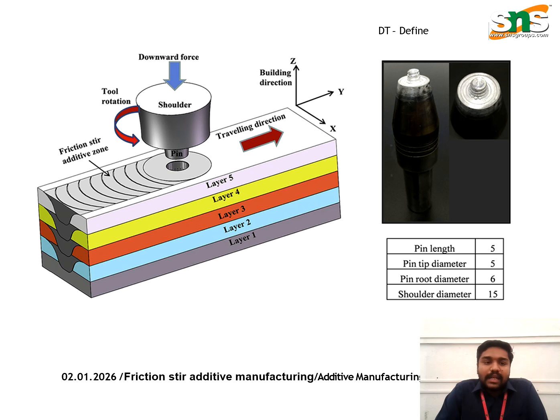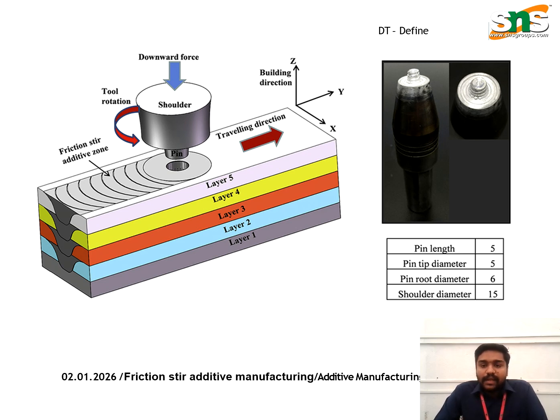So the friction will be generated layer by layer, in which the rotating tool will be traveling along the y direction, and the force will be applied towards the negative direction of the z axis. The third will be the z axis, based upon the layer, how much length and how much layer thickness can be modified using this type of structure.